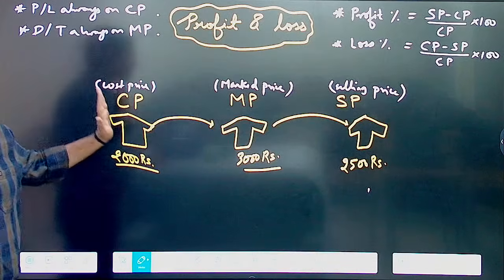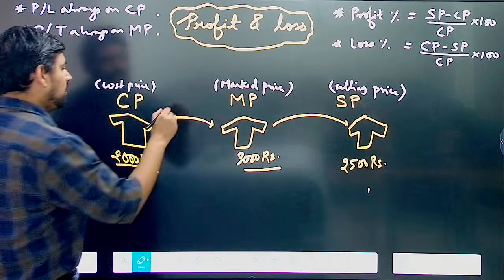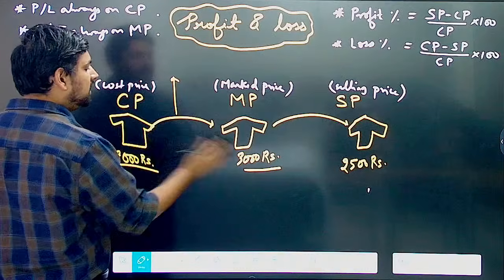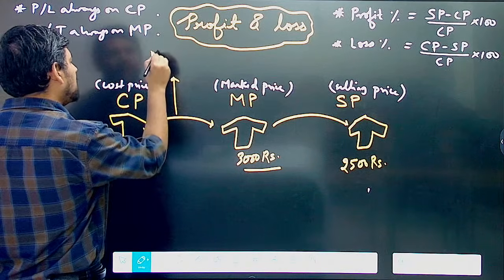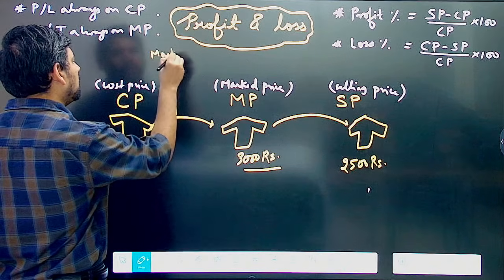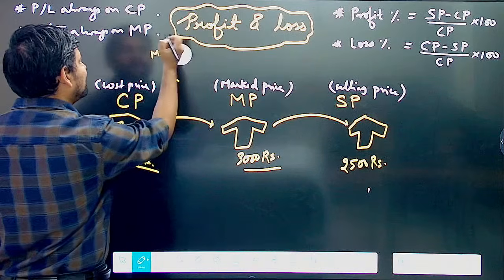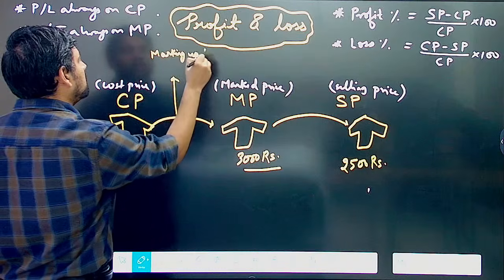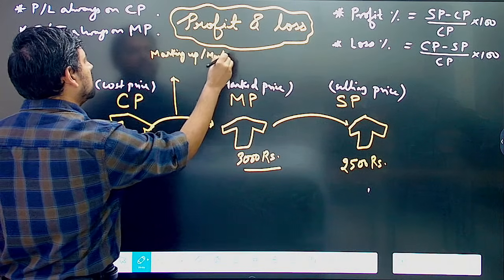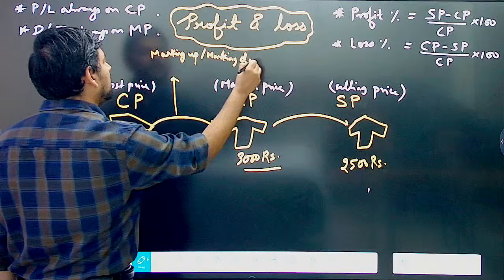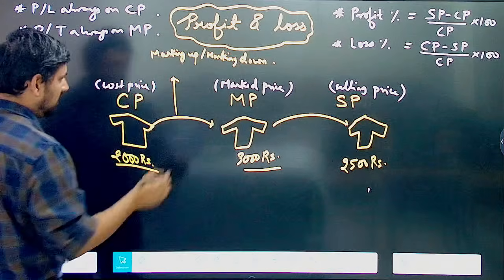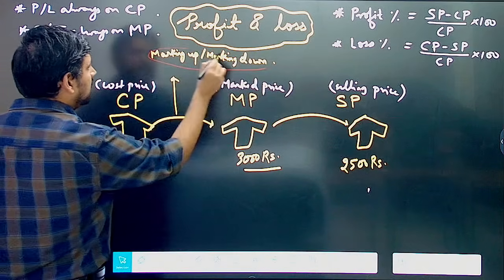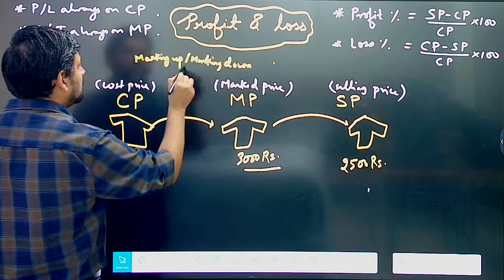So he went from cost price to marked price. How? What he did here is called marking up or marking down. So he marks up the price or he marks down the price.